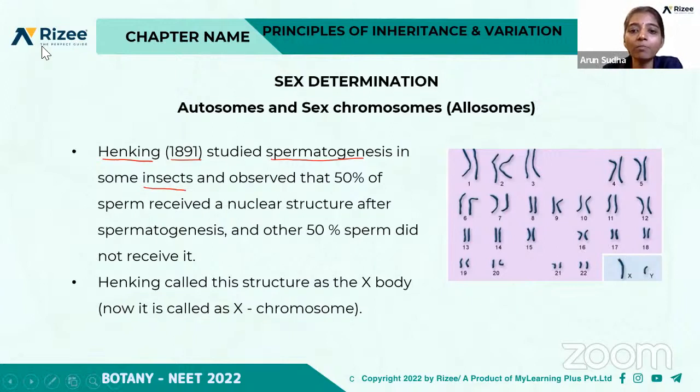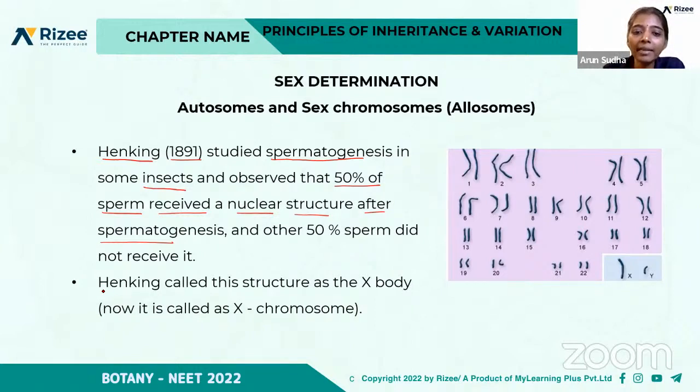He observed that 50% of the sperm received a nuclear structure after the process of spermatogenesis, and the other 50% of the sperm did not receive it.